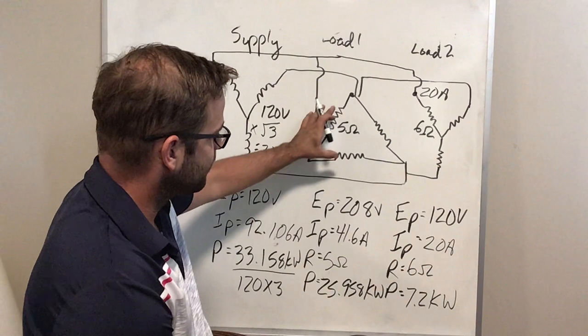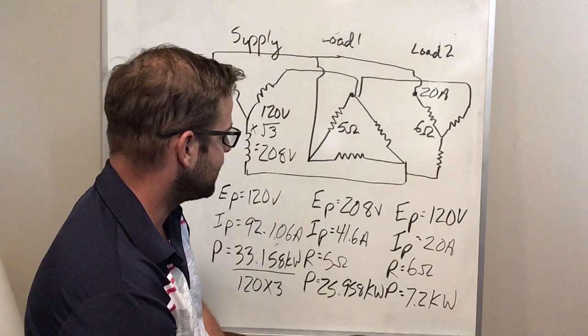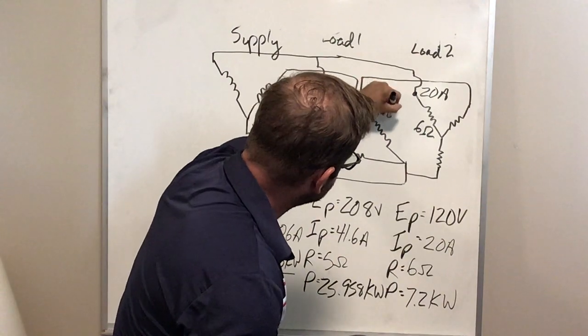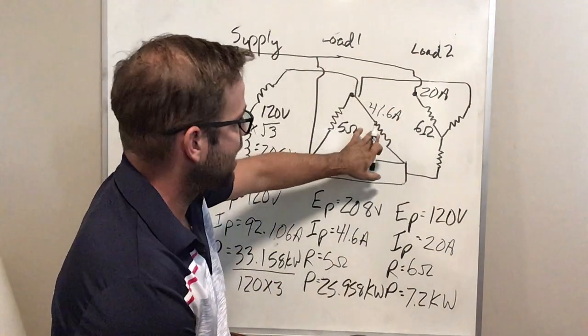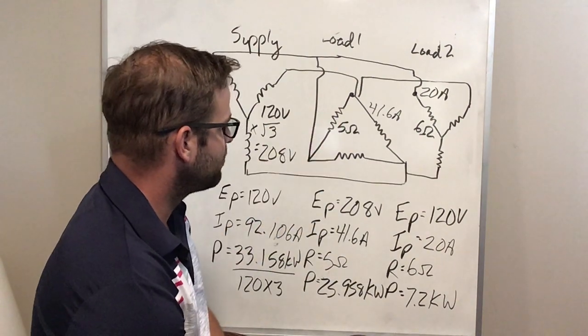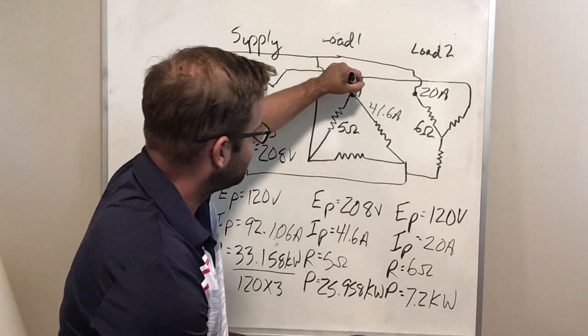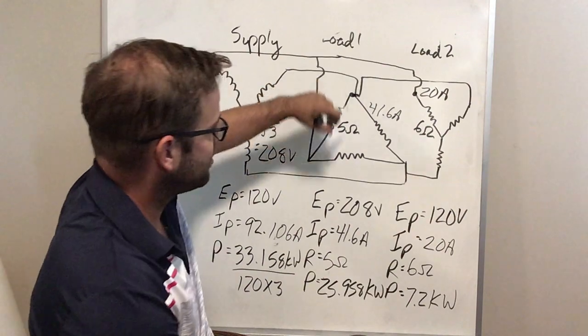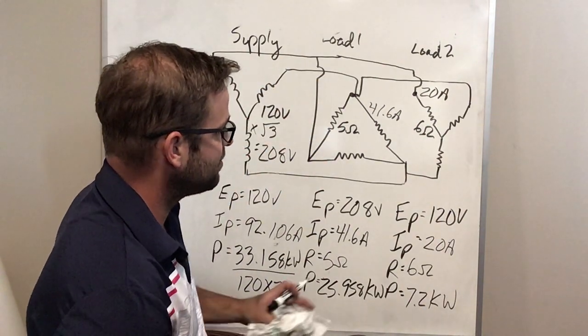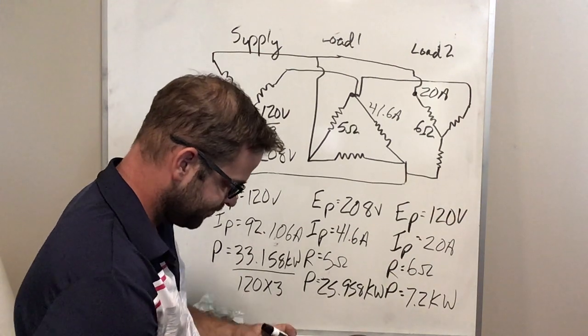Now we're going to come over to our I phase in delta, and we had 41.6 amps. So that phase uses 41.6 amps, this phase uses 41.6 amps, and they're obviously not in phase with each other. They're 120 degrees out of phase, so the value is going to be root 3 larger.